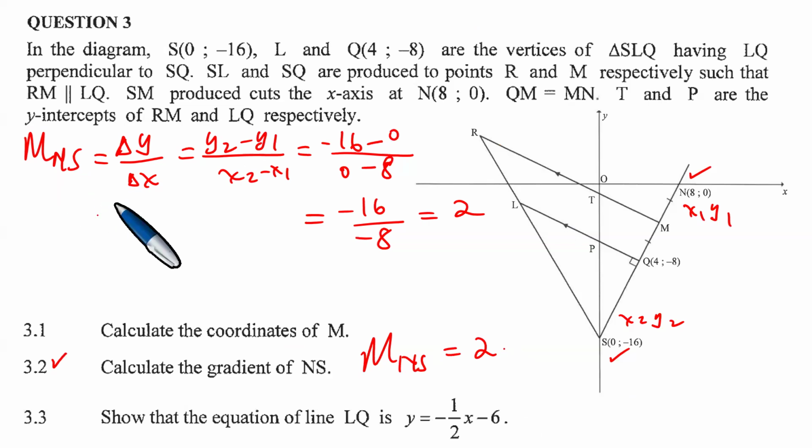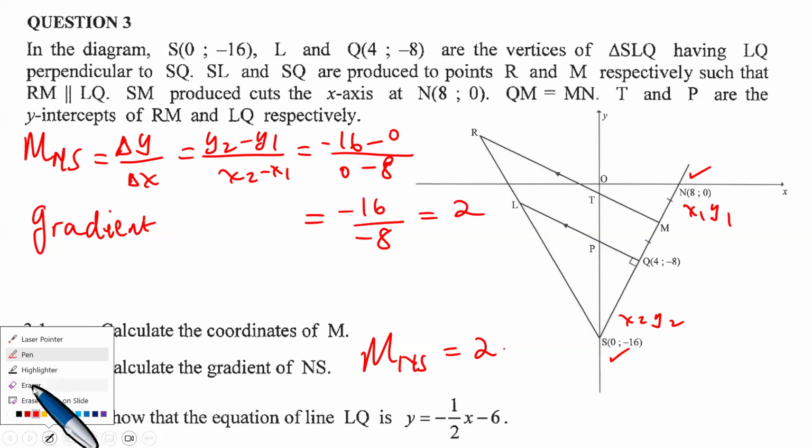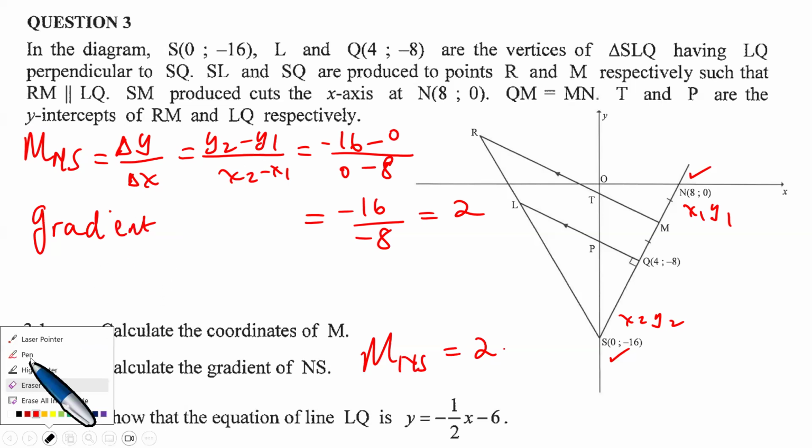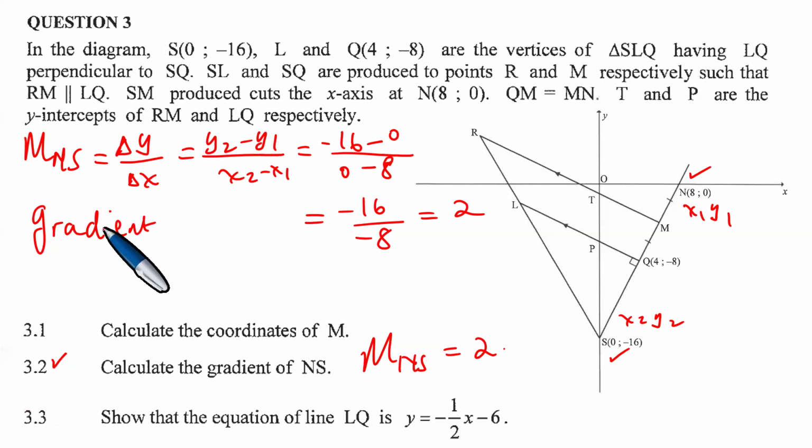That is the gradient formula. This formula is for finding what we call the gradient. The gradient of a line can be found by using this formula. What is the formula for the gradient? It is change in y over change in x.